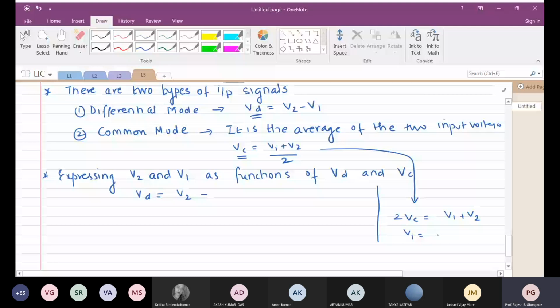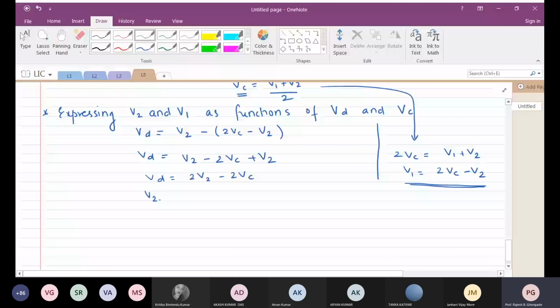Substituting this value, VD is V2 minus 2 VC plus V2. Remember, I want the value of V2 here. So VD is 2 V2 minus 2 VC, and I want to find out V2.